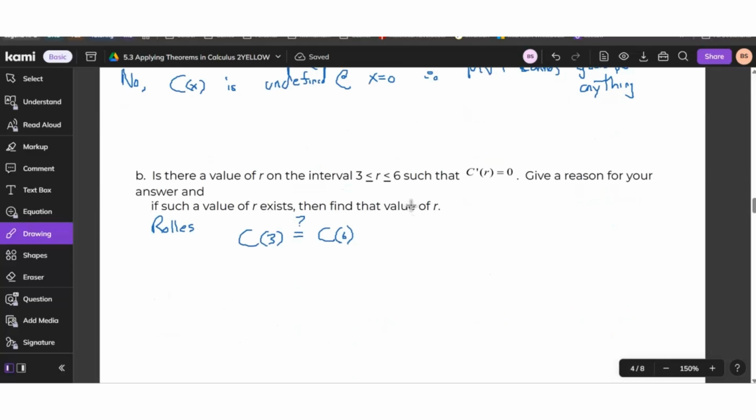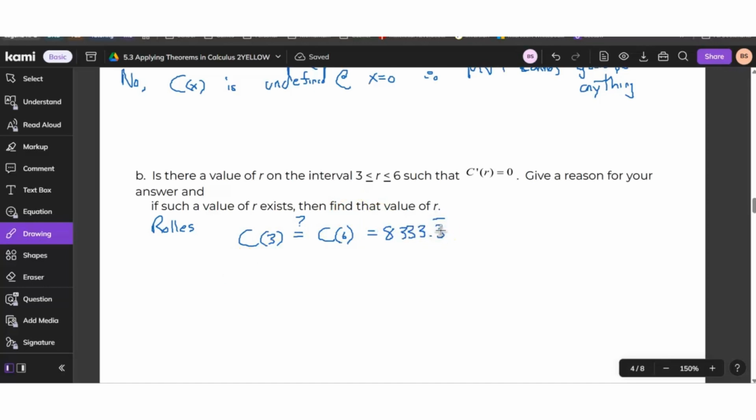All right, 10,000 times 5/6. Yep. So these things are both equal to 8,333.3, repeating basically.